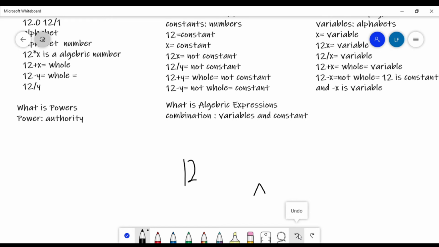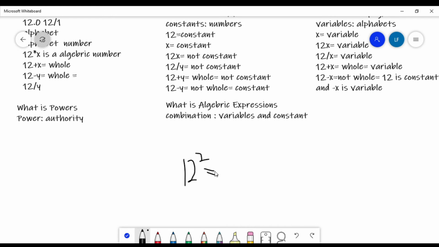Whatever number comes after it will be the power of the constant or variable, and after that I will have a space, and the rest of the numbers or variables are normal.